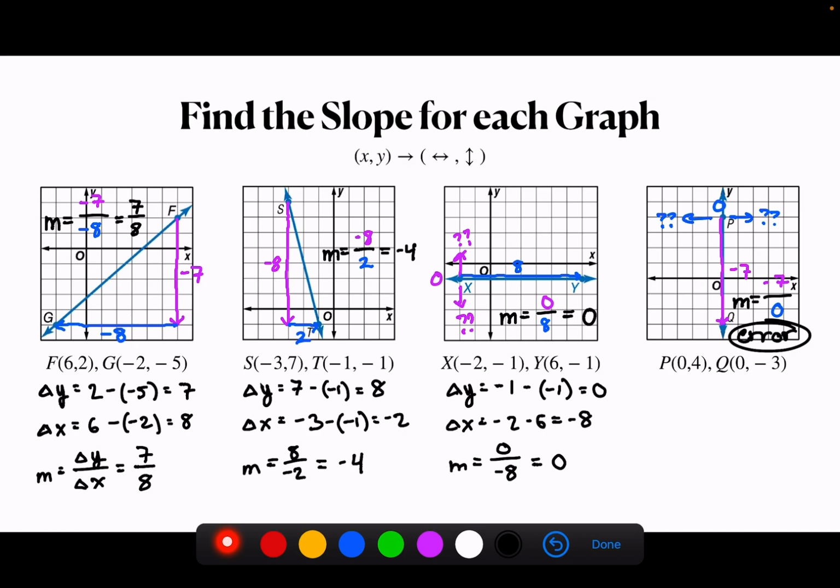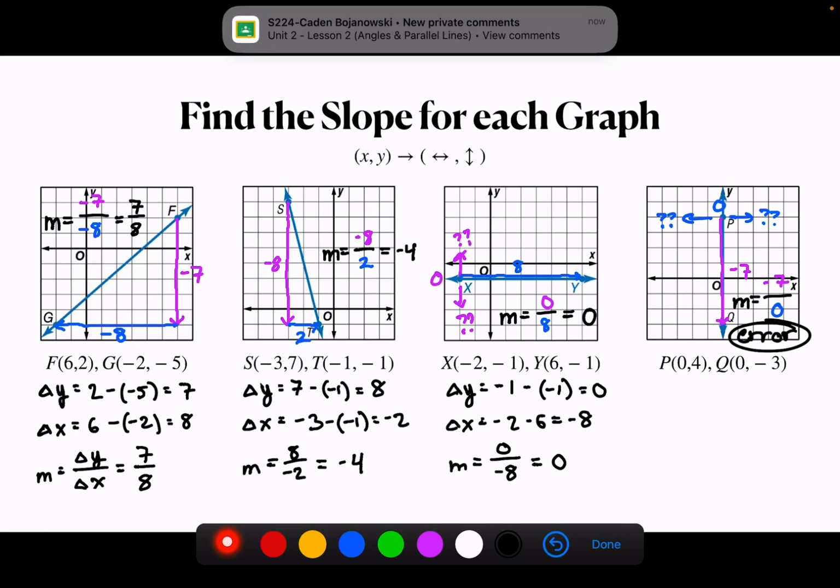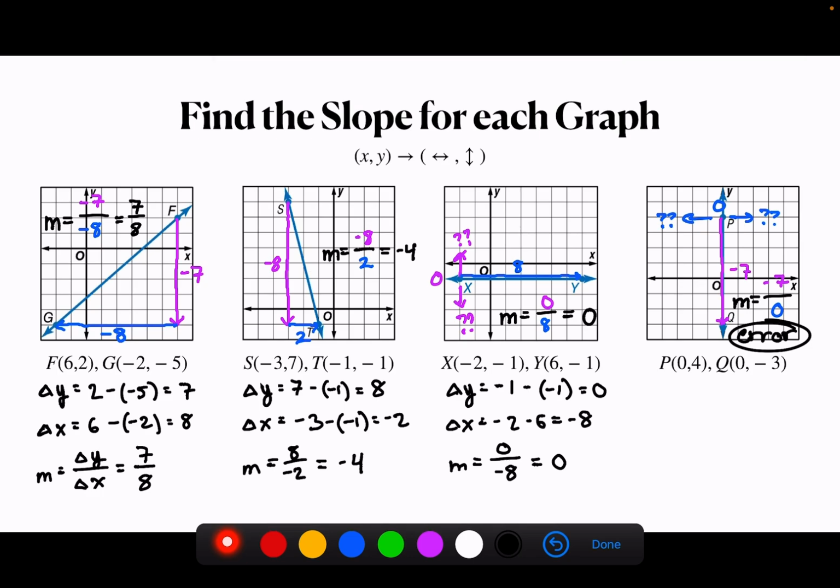That's saying essentially something is there, but we divide it by nothing, which doesn't make sense. The only thing we can divide by is really, really small things, the closest that we can possibly get to 0, but we can never divide by 0. And so what we would say in this case is this would be undefined. Okay, our slope is undefined.